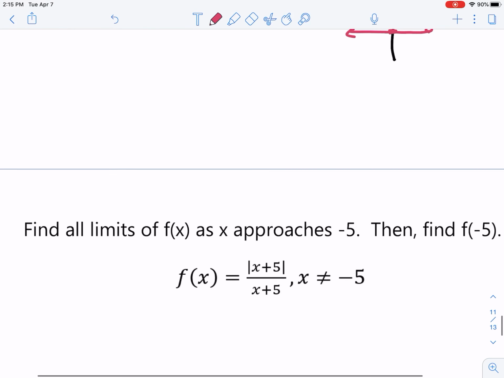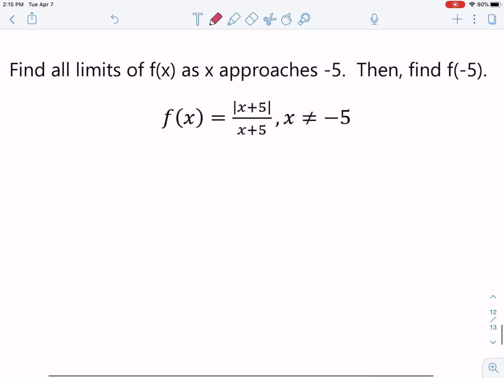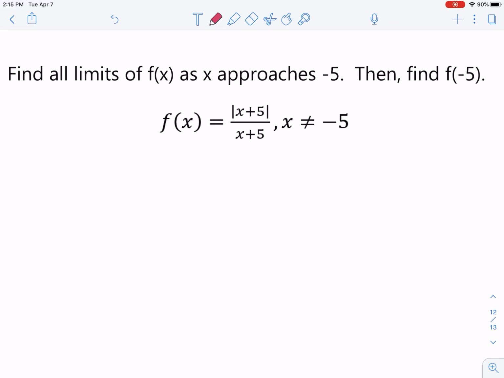All right, so let's try this as our final example. Find all limits of f of x as x approaches -5, then find f of -5. I see that that's my sine function, so my outputs are -1 and 1. Again, it's just giving you the sign. The y value is just the sign: -1 for a negative output, +1 for positive.